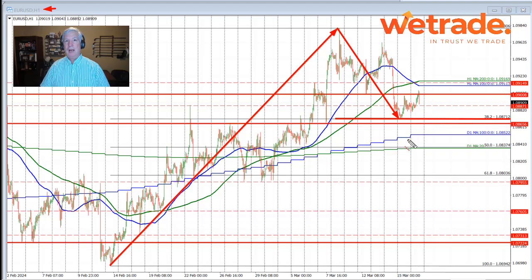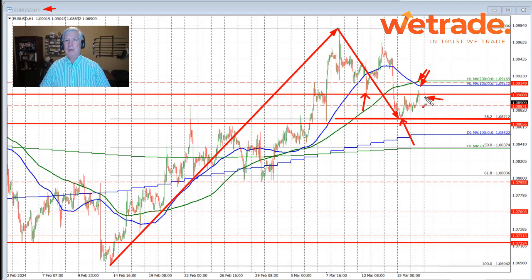We found support against that 38.2% retracement right here, and we did see the market move higher into the close around the 1.0887 level on Friday. On the top side, we outlined that we needed to get above the 109 level as the first step, and we did that in trading today as the price did move above those levels, but the price could not extend above the other targets, which would be the 100 and 200 hour moving averages, and so we are seeing in the current hourly bar a rotation back to the downside on that failure.